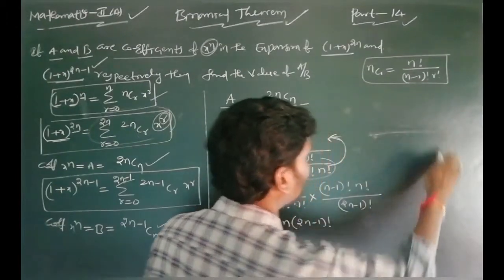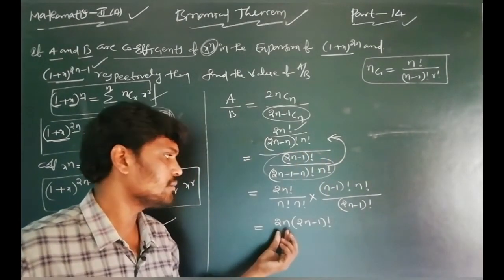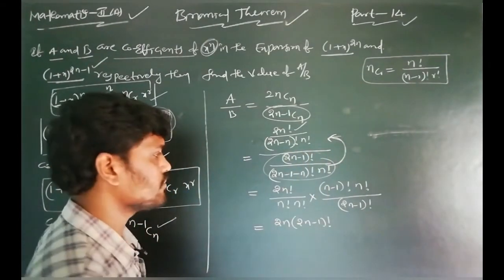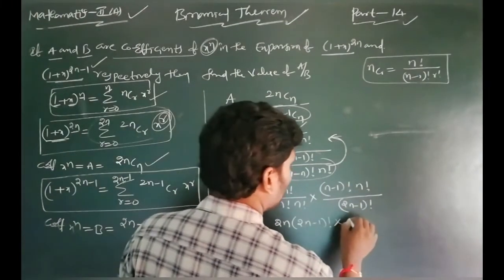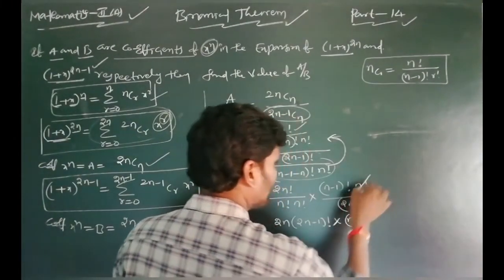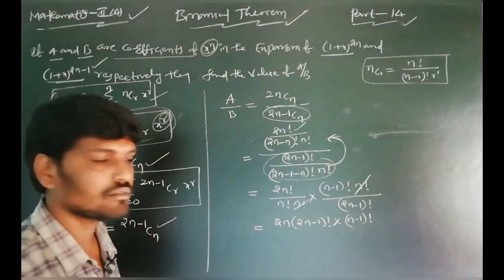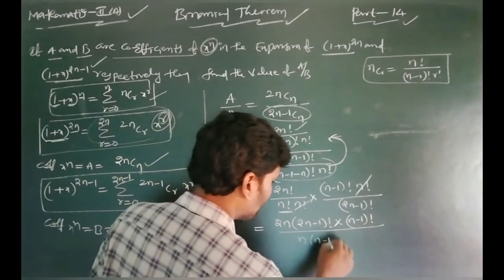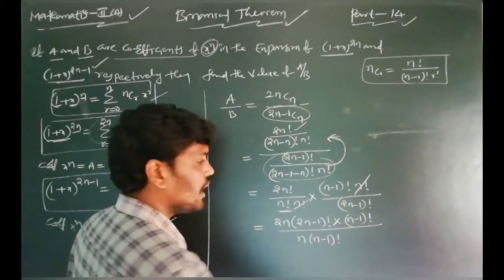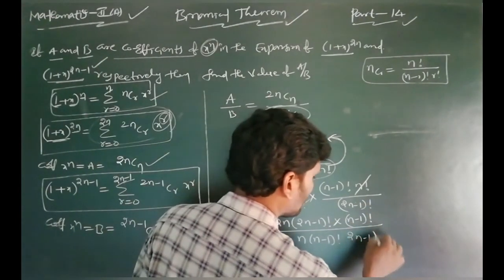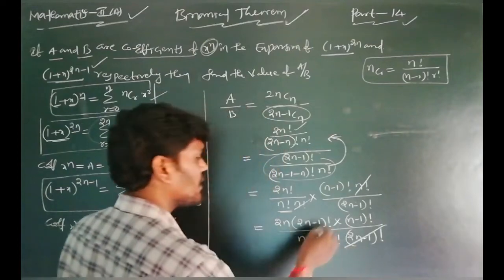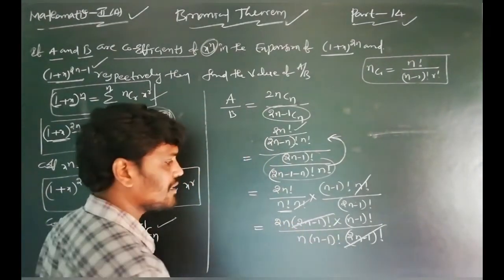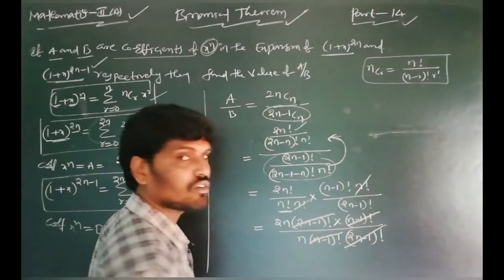So the n factorial gets cancelled, the (2n minus 1) factorial cancels, and the (n minus 1) factorial cancels.